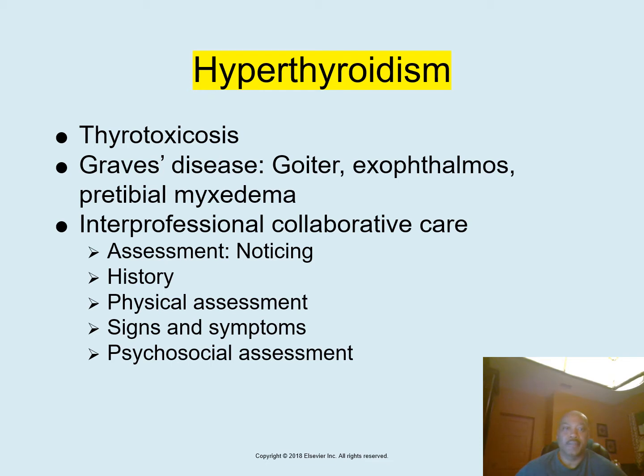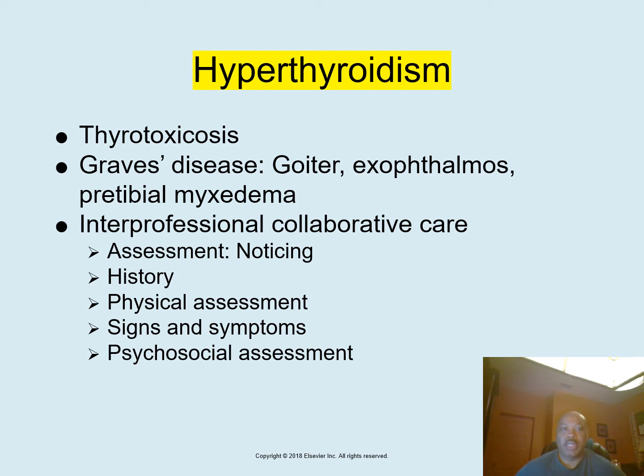The antibodies called TSIs attach to the TSH receptors on the thyroid gland, and this leads to an increased number of glandular cells. This will also in turn lead to an enlarged thyroid gland, forming again what is known as a goiter.